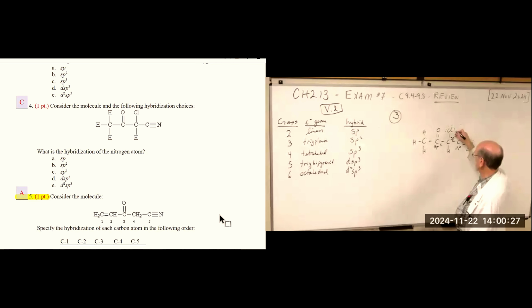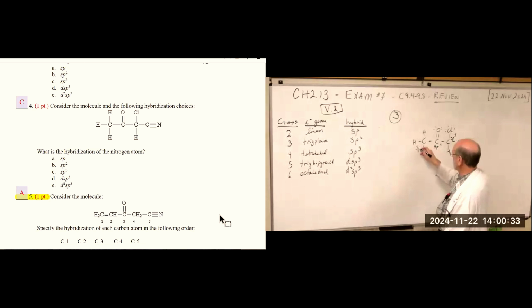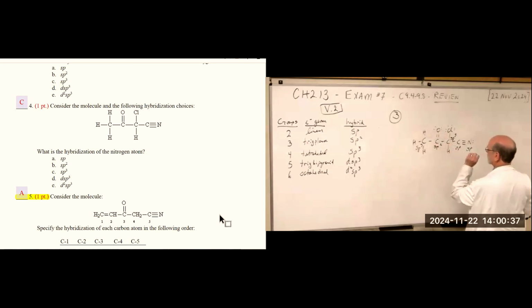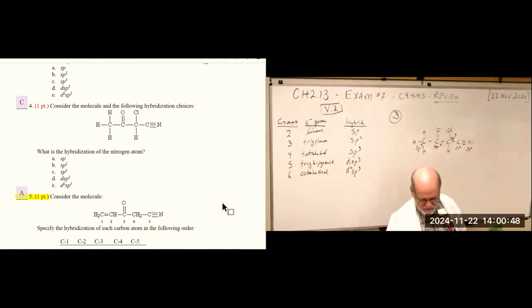Well, we left out, let's see, there we go. Now they're complete. And this one's sp3 also. So that's tetrahedral, trigonal planar, tetrahedral, linear, and linear. In case I get sneaky.